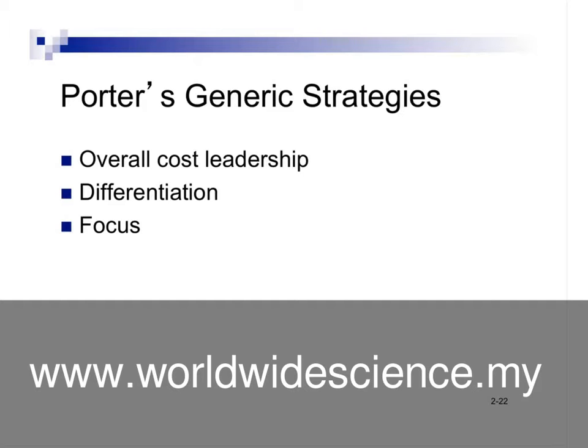Let's say in the computer industry, we have HP, Compaq, all these different brands. They all fall into the middle range quality products. Then we have Apple, then we have Sony type of computers. Then down at the bottom we have Acer and some other products that are probably the least quality. All of these brands have some differentiation, focus, and cost leadership.